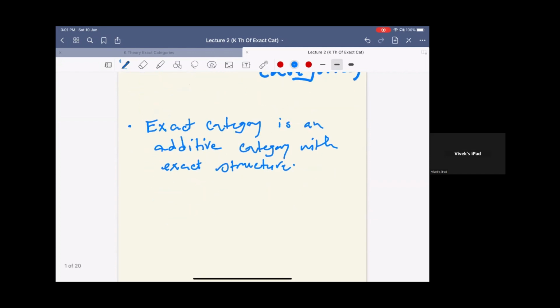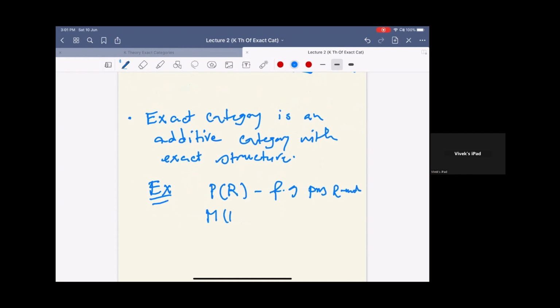As an example of an exact category, last time we discussed the category of finitely generated projective R-modules, and also MR, finitely generated R-modules.